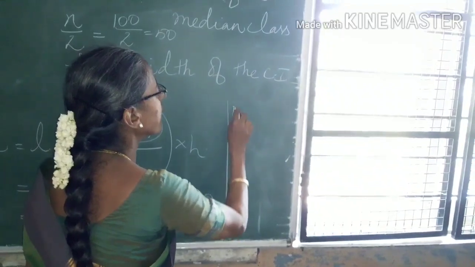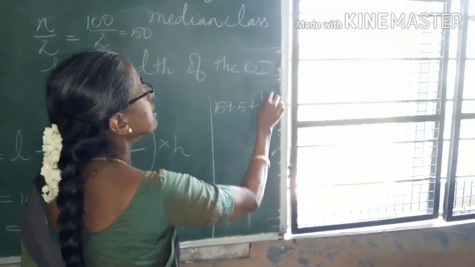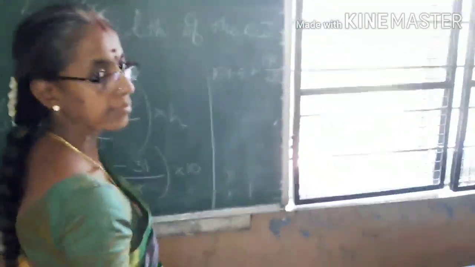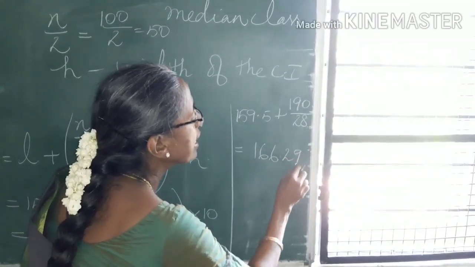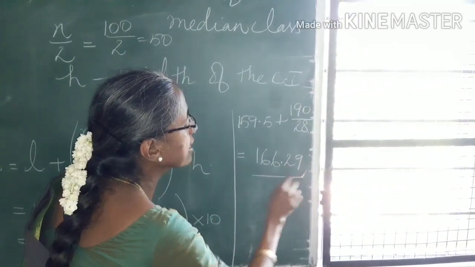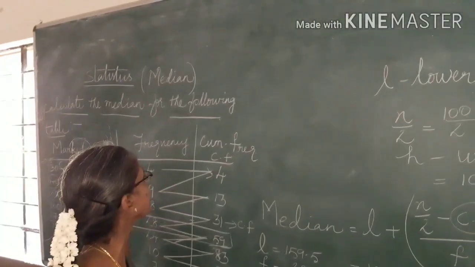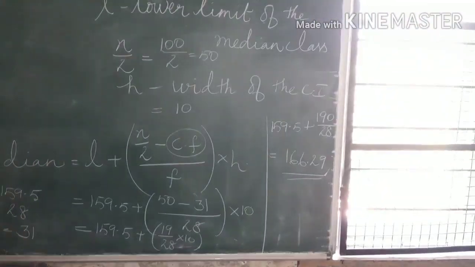So 159.5 plus 190 divided by 28 is 166.29. See here, if it is marks or anything, you need not write any unit. Suppose you are given yield or any unit, you need to mention the unit finally. Is it clear?